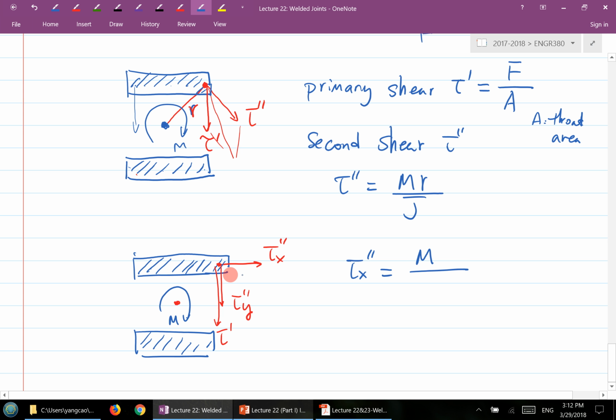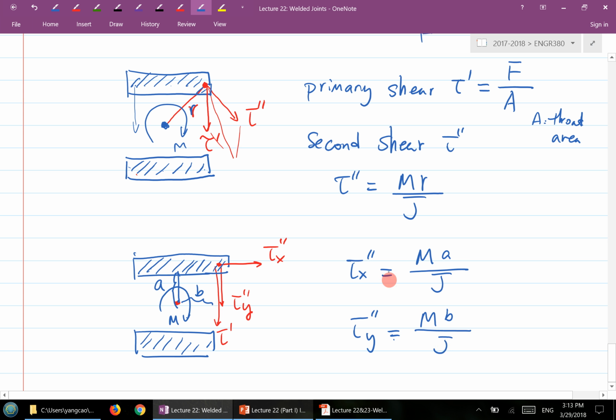For tau x double prime, this portion. Let's call this a here. So M times a over J. And similarly for tau y double prime, what would it be? It's M times this portion b here.